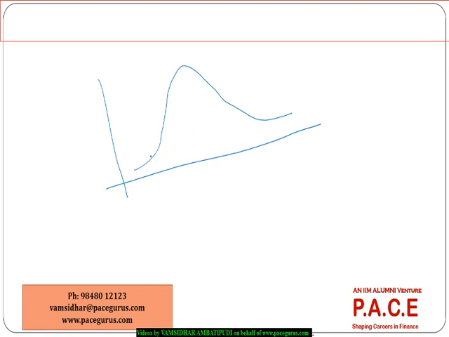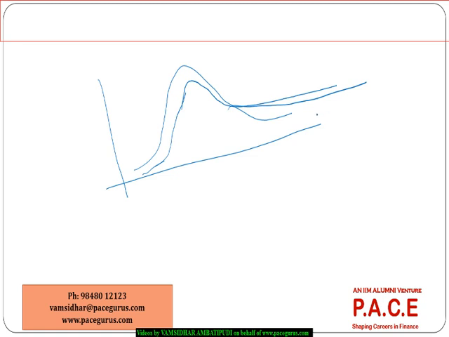But if I am talking about positively skewed data, I may see that some skewness comes towards the right.